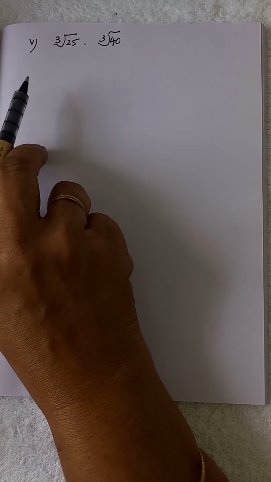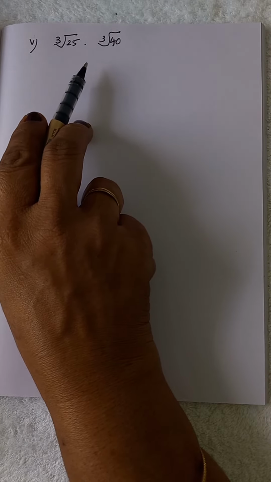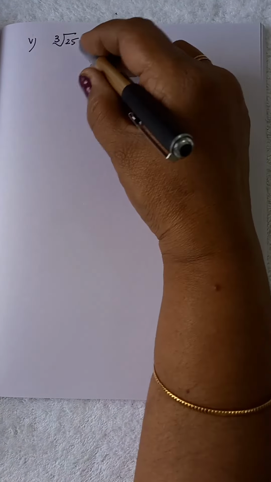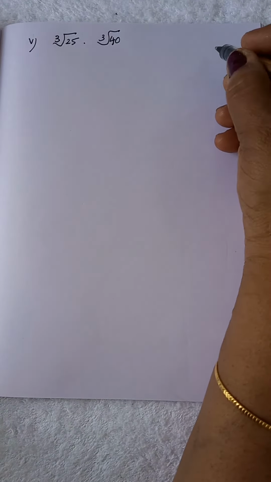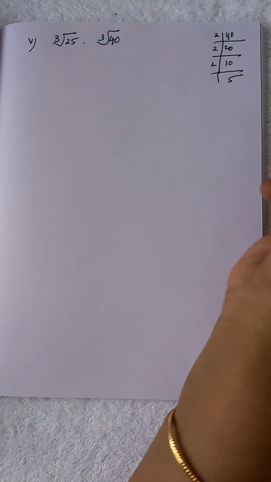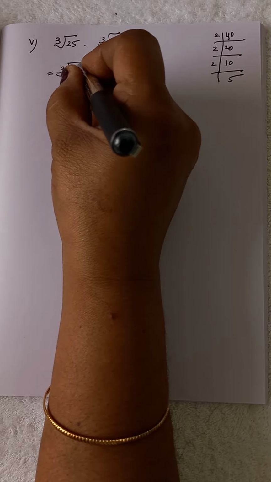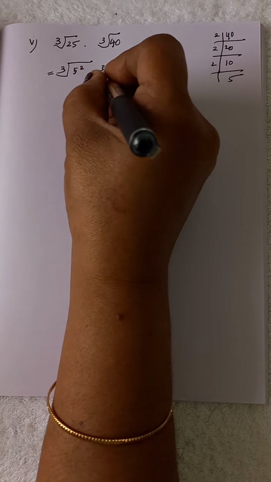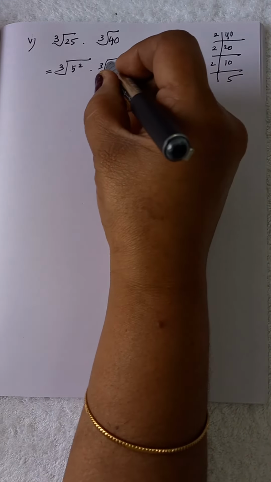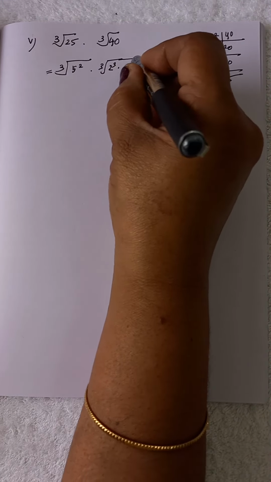Now, the fifth question is cube root of 25 into cube root of 40. We can factorize this 25 and 40. So, we can write this as cube root of 25 is 5 raised to 2 into cube root of 40 is 2 raised to 3 into 5.